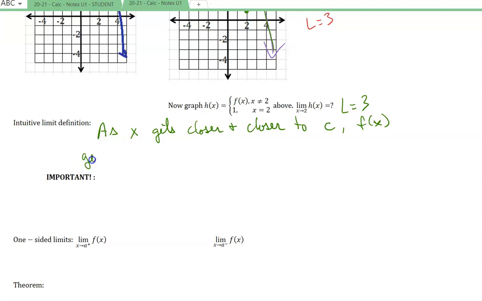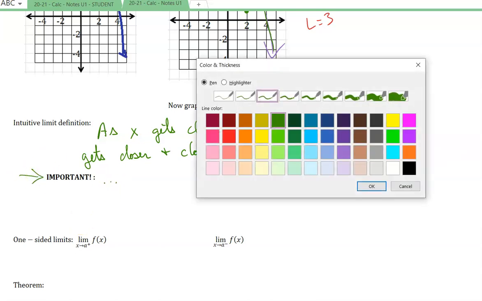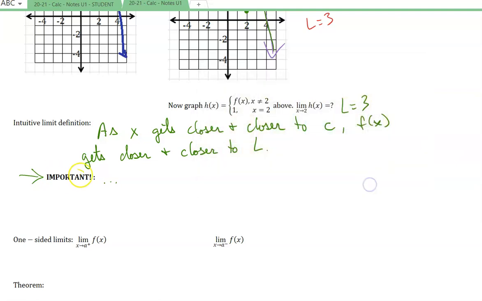But there are two important pieces to add to this. Very important. Big time important.